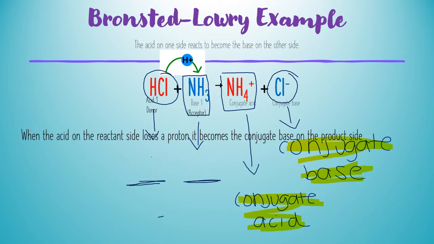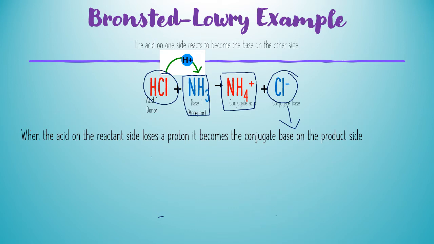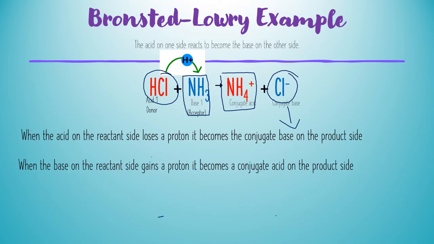And I'm going to erase this. So just repeating what I said, when the acid on the reactant side loses a proton or an H, it becomes the conjugate base. The base gains the H and becomes the conjugate acid.